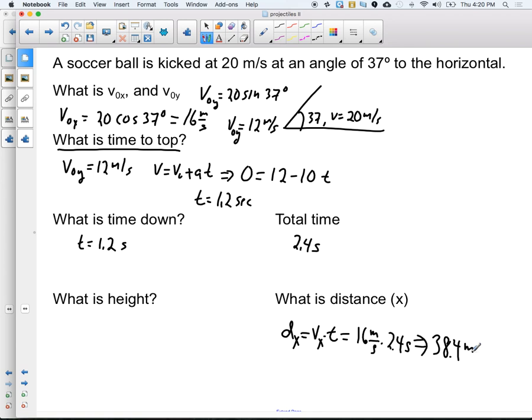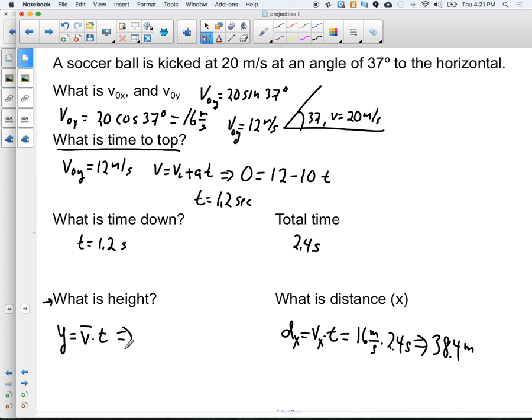And I can also get the height. Now you can do the height several different ways. One option would be what we've been doing all along, which is to say that the height y is v average times t.